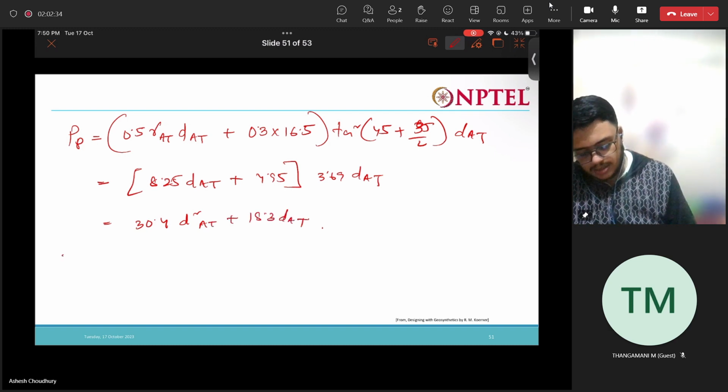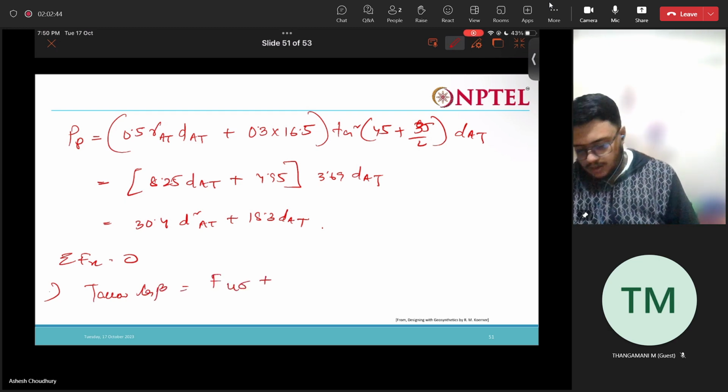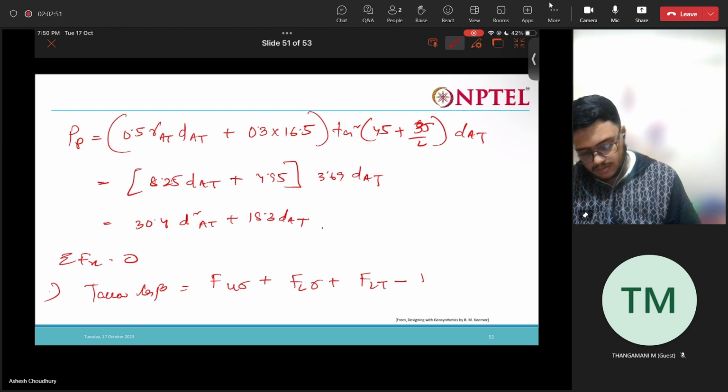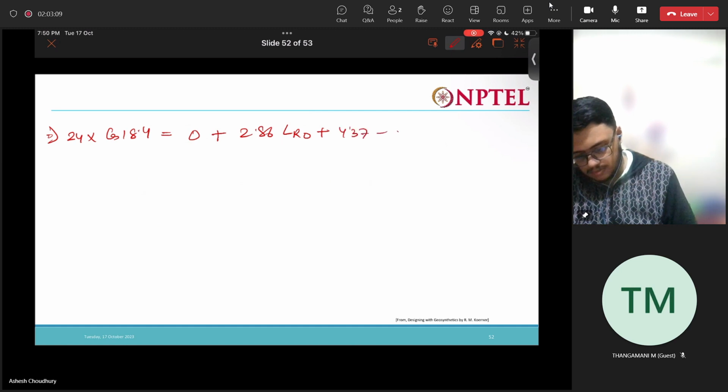Now, what was the basic equation? So, equal to 0. 24 cos 18.4 is equal to 0 plus 2.86 LR naught plus 4.37 minus 2.4 t square t minus 1.34 t t plus 30.4 t square t plus t.3 t.